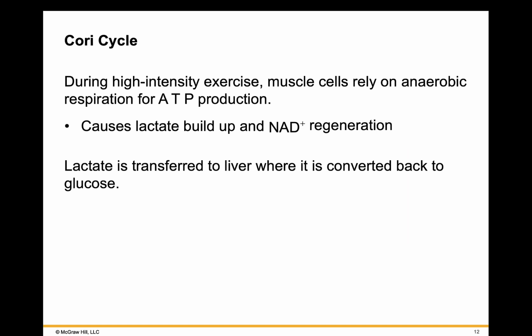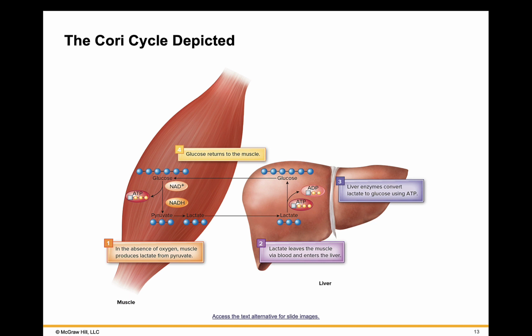Now, the Cori cycle is something that takes place during high-intensity exercise, when muscle cells are relying on anaerobic respiration for the production of ATP. This causes lactate buildup and NAD plus regeneration. Lactate is transferred to the liver and will be converted back to glucose. So let's take a look here.